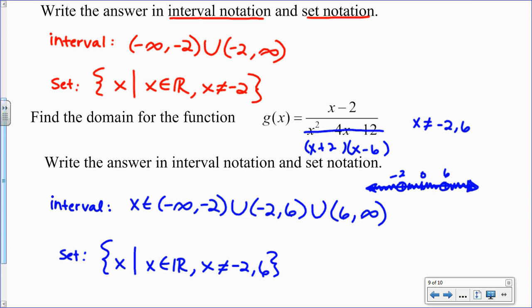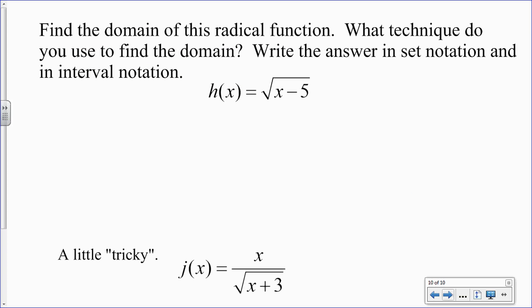All right, let's talk about radicals. Okay, again, I want to write this in set and interval notation. All right, so with radical functions, it's okay to be 0, so that's not what I am determining.